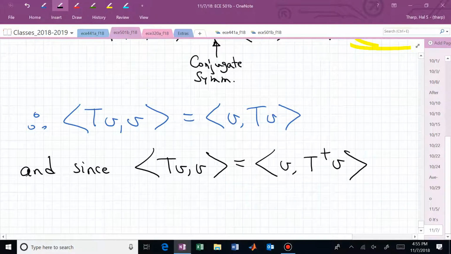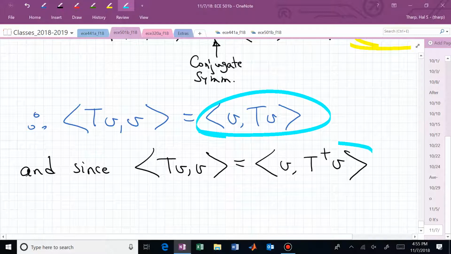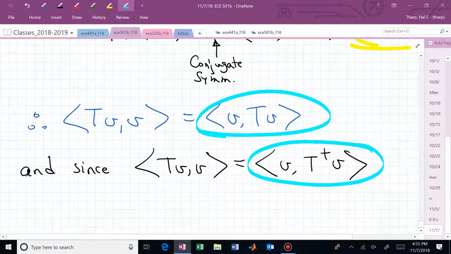V, T dagger V. And now I know that TVV is equal to that, right?